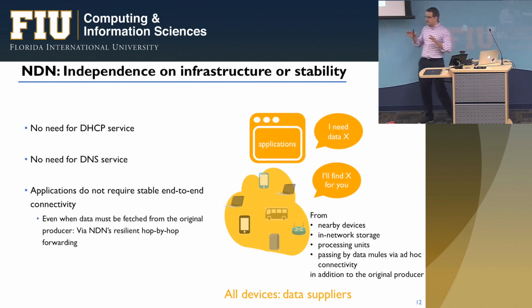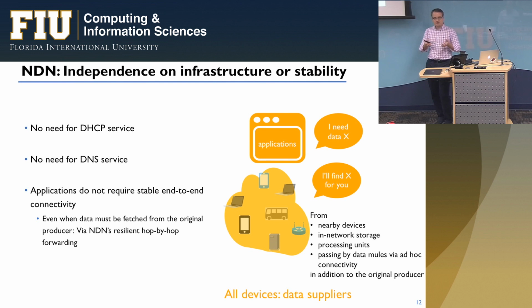So the idea with this change, and I'm trying to get to the point of the names to show you examples, is there's actually no longer need to do several things that exist in current IP architecture. So for example, there is no longer need for the DHCP server, because as long as you know in which namespace you're producing data from the publisher perspective, and you have public private keys and certificates, you just publish data and respond to the requests that are coming, and that's it.